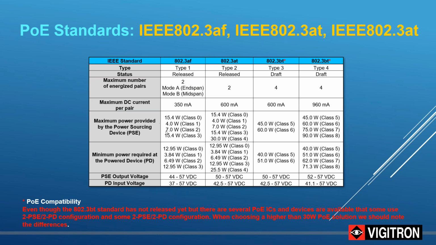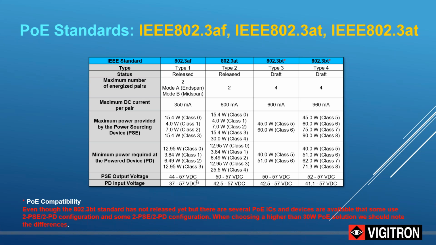So for example, if in 802.3af, I have a source of 15.4 watts, sometimes referred to as class 3, when I travel that over a Cat5 cable for 100 meters, the resulting power at the camera will be 12.95 watts.